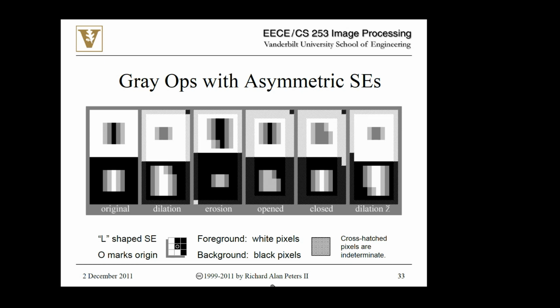Here we have the same operation, the same experiment as we did yesterday. Let's say that we have this original image. Now it is not binary, it is grayscale. Then we do dilation with this L that has 0 value in height. Then this is the dilation. Always think of dilation as non-linear.